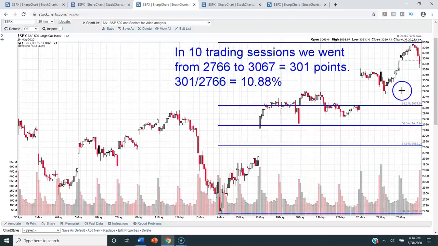So with the Fibonacci retracements set in place here from the lows that we hit on May 14th to today's highs, if we are pulling back here, if we pull back 38.2% of this move, that would take us down to approximately 29.53, 29.54. Now, we know we have some support and resistance that we were hitting right around this 29.60 area.